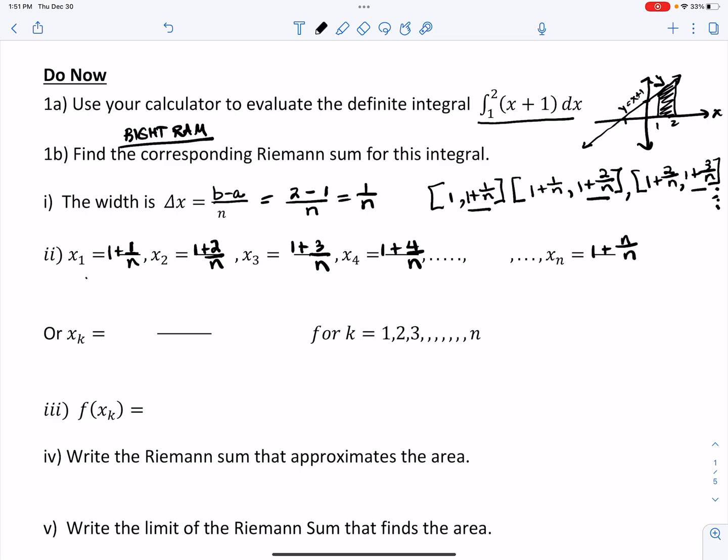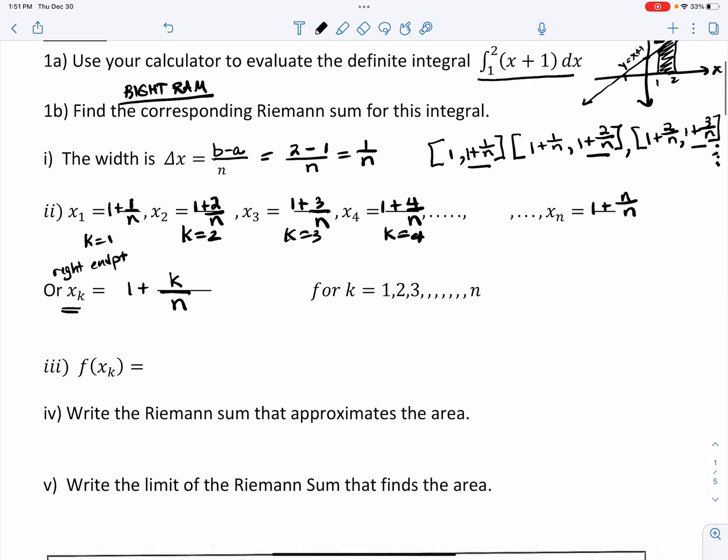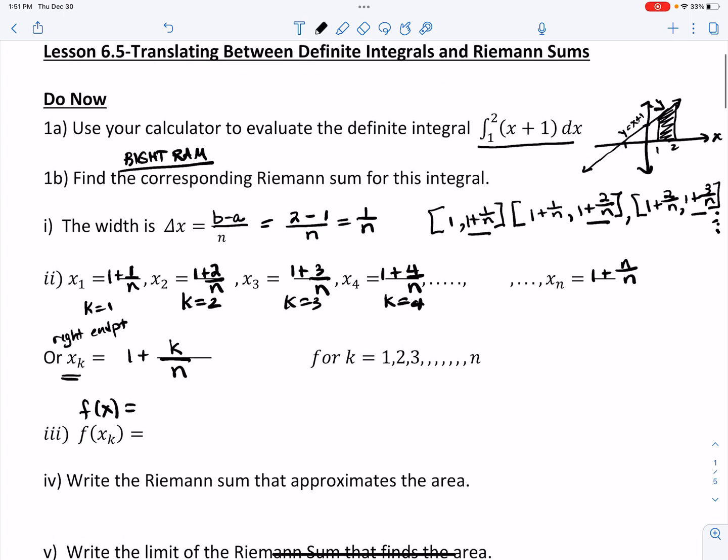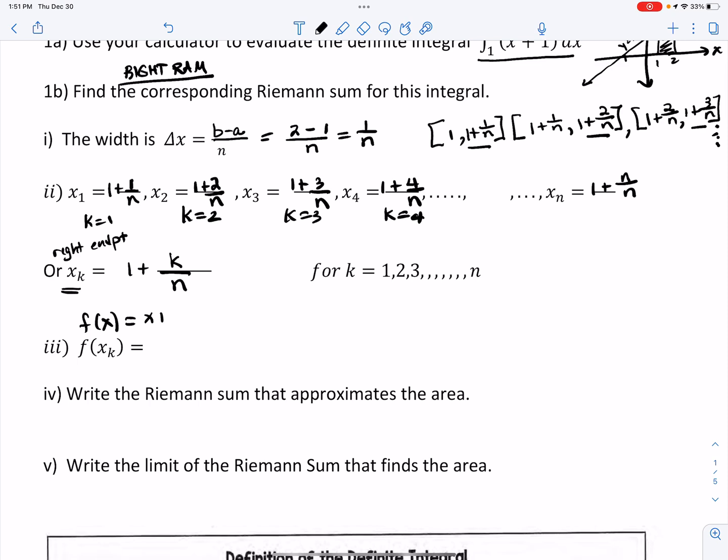And this is when k is 1, and when k is 2, and when k is 3, and when k is 4. We could represent the right endpoint in the kth subinterval in terms of k as 1 plus k over n.